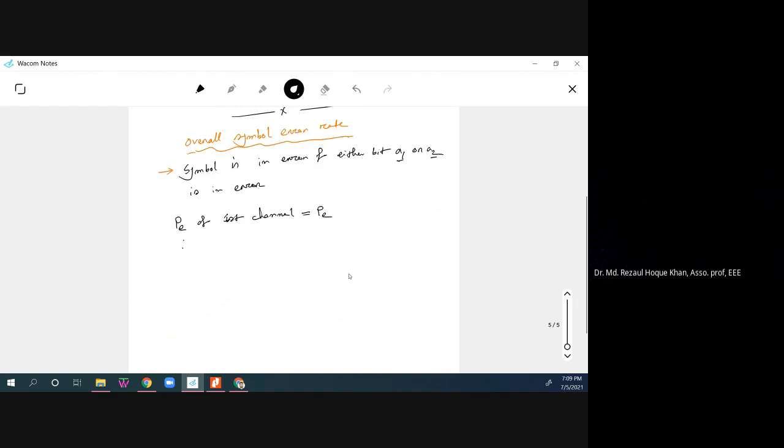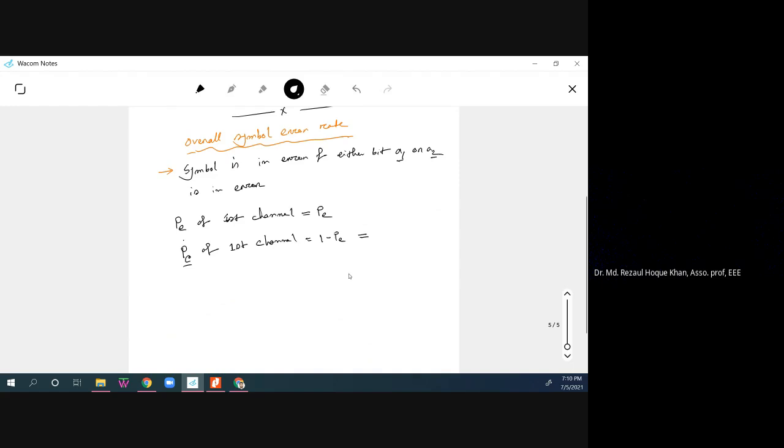We gave it the name PE1, but PE1 equals PE2 equals PE, it's the same, so we don't write PE1. What is PC, the probability of correct, the probability that A1 is received correctly? PC of the first channel will be 1 minus PE.